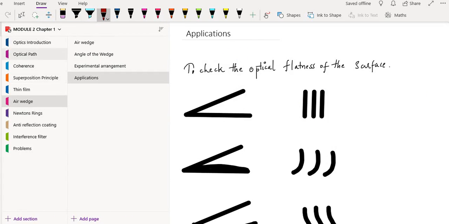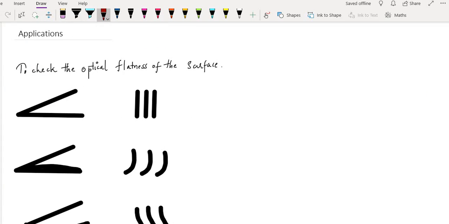The application of this air wedge is, suppose we are using optically plane glass plates, optically plane surfaces, we will get a uniform band structure: alternate bright and dark bands of equal thickness and with a constant bandwidth. But if we have a convex surface, that is a projection like this, the band will shift towards the left side.